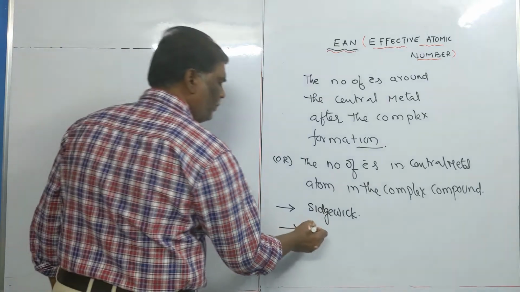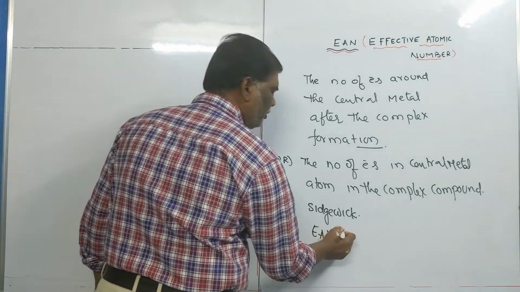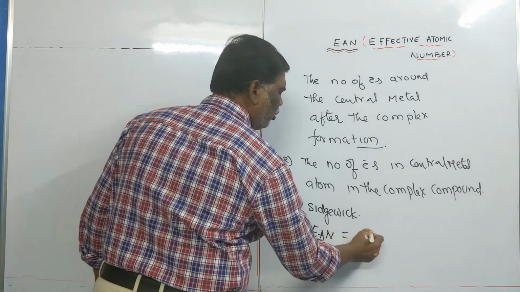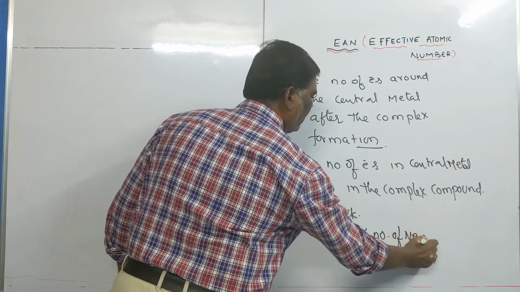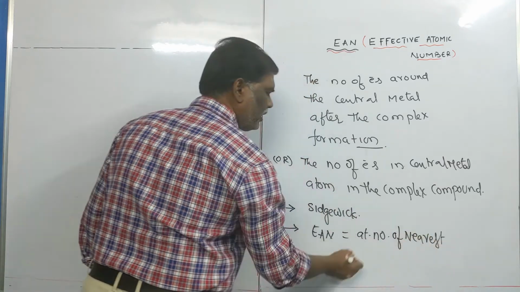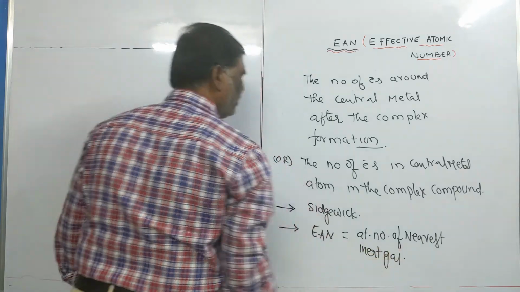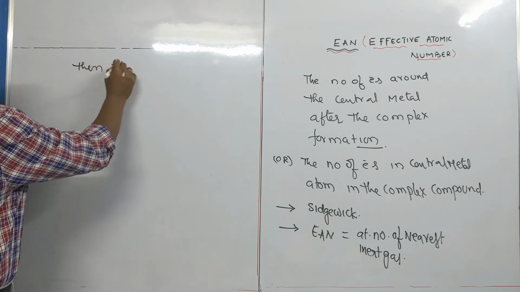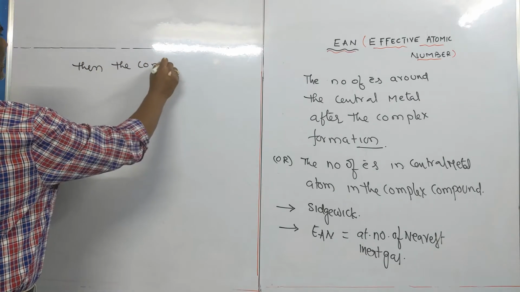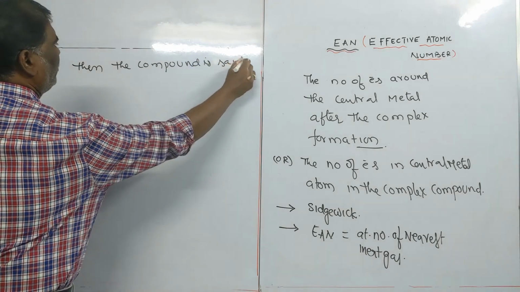Now, if a compound has an effective atomic number equal to the atomic number of the nearest inert gas, then the compound is said to be stable.